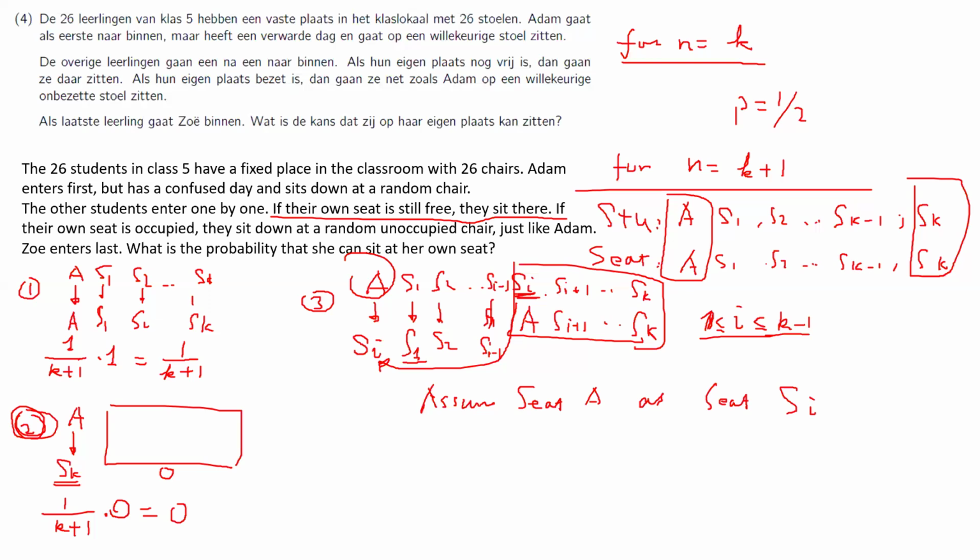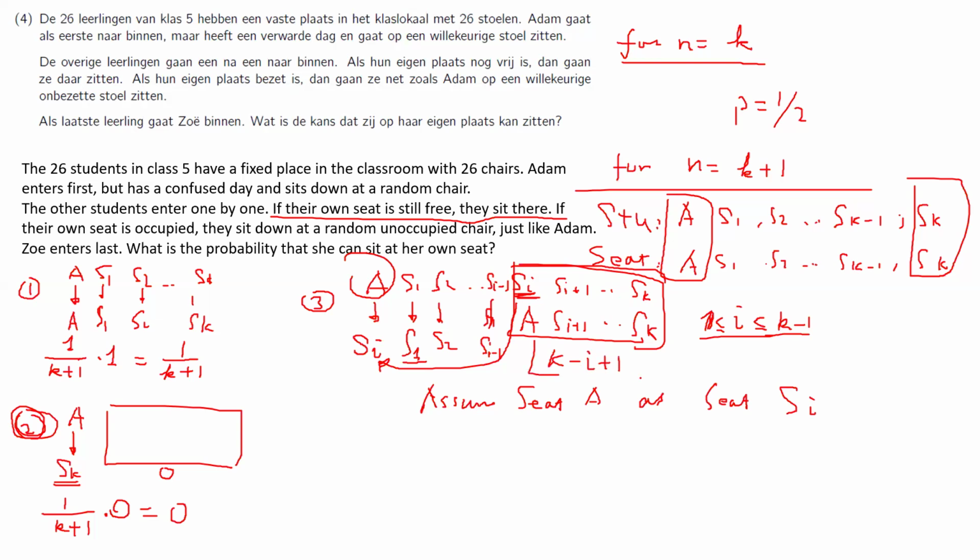So SI now becomes a new Adam. He is able to select A or the other seats from the other students. So SI is now the first student in the classroom. The question becomes not K plus one students, but K minus I plus one students.